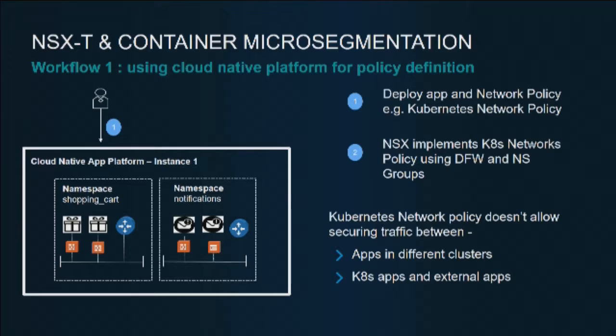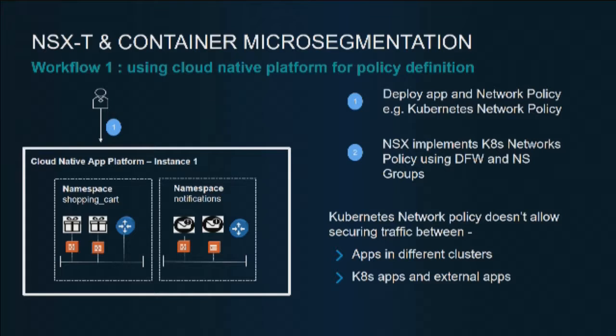The Kubernetes network policy in the current state is not amenable to doing policy across multiple foundations, or across a Kubernetes app and an app that is external to Kubernetes. It's very friendly to fit into the lifecycle of the developer, and a lot of our customers are looking to do it.